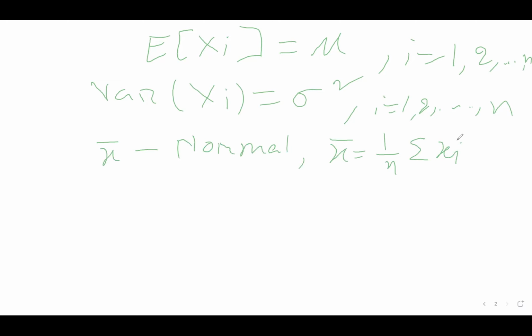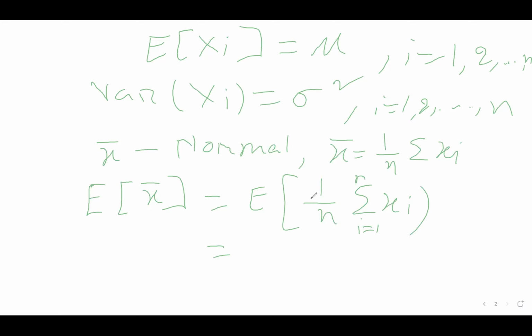So now we need to find the population mean for x bar. How can we find it? We can calculate the expected value of x bar. So the expected value of x bar is equal to the expected value of 1 over n summation of xi, for i equal to 1 to n.